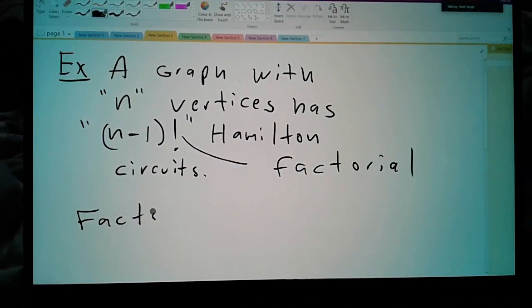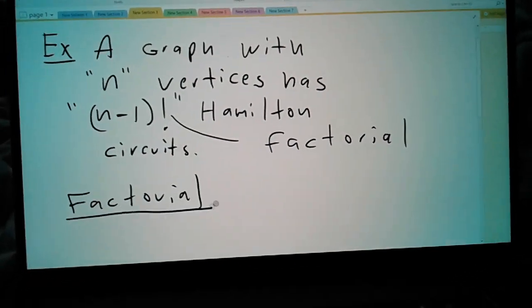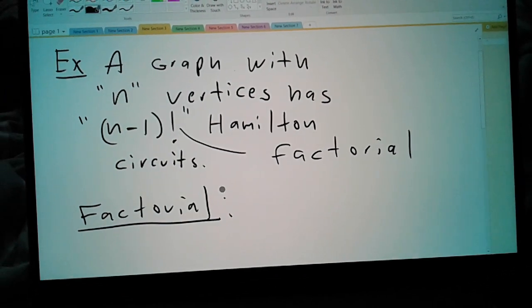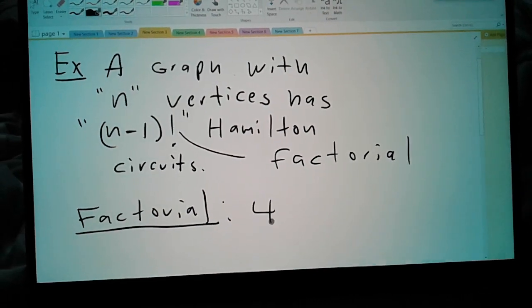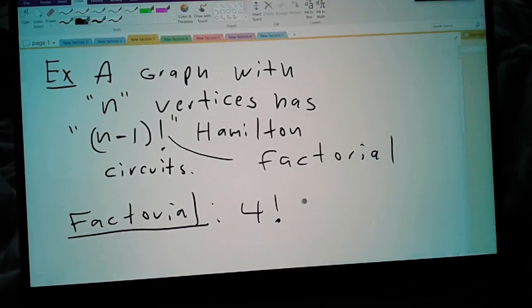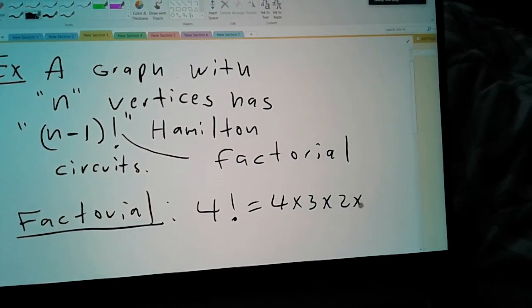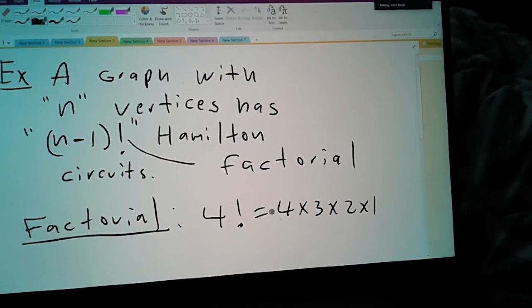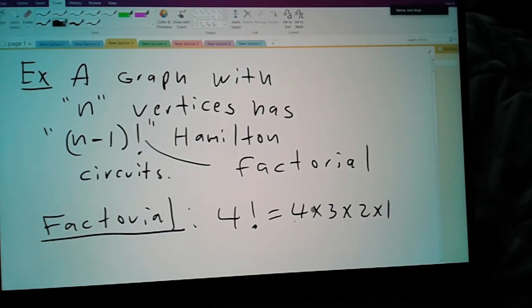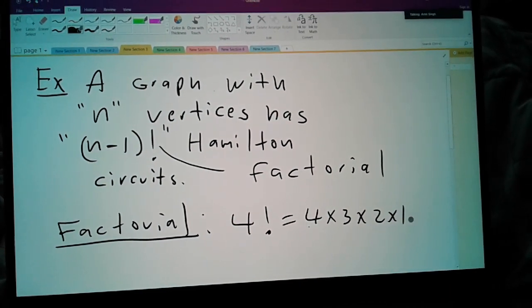You copy that, and then I'll explain it. It's very easy. So let's say I want to find 4 factorial in math. All it is, it's going to be 4 times 3 times 2 times 1. So basically you're going from 4 all the way down to 1 and multiplying the numbers out.